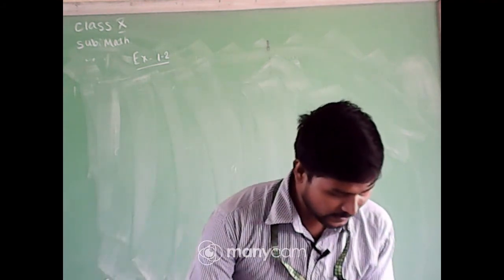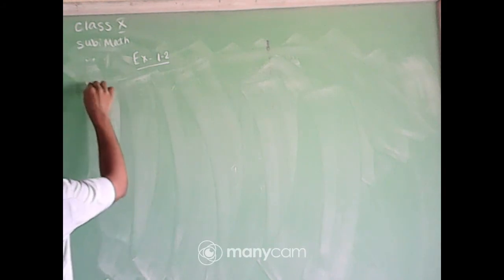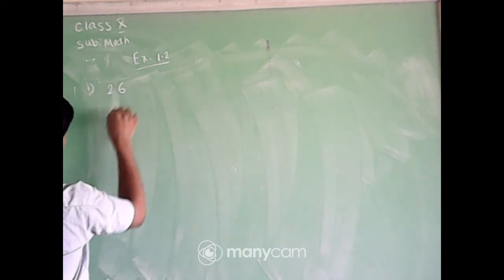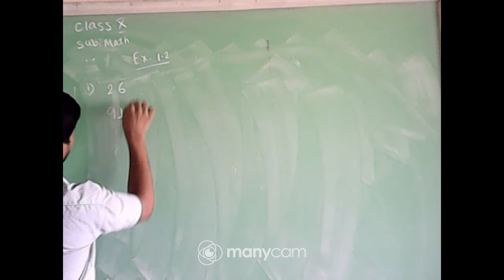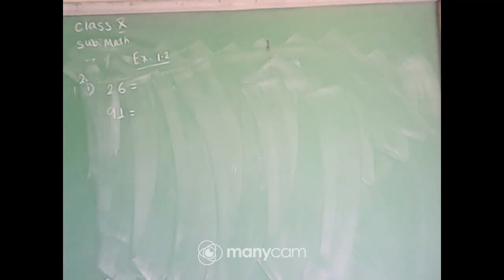Find the LCM and HCF between the numbers 26 and 91 using the prime factorization method. This is question number 2-1.